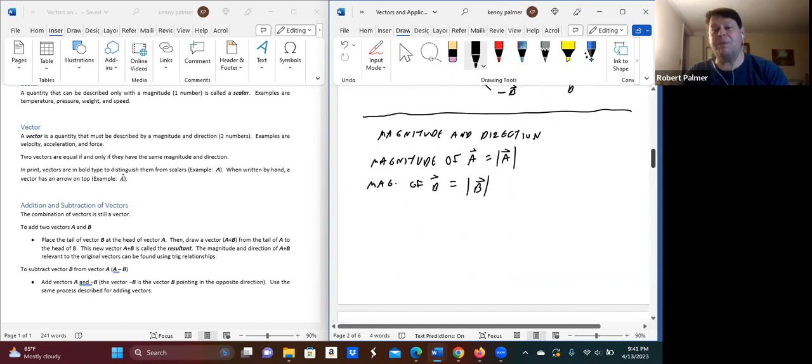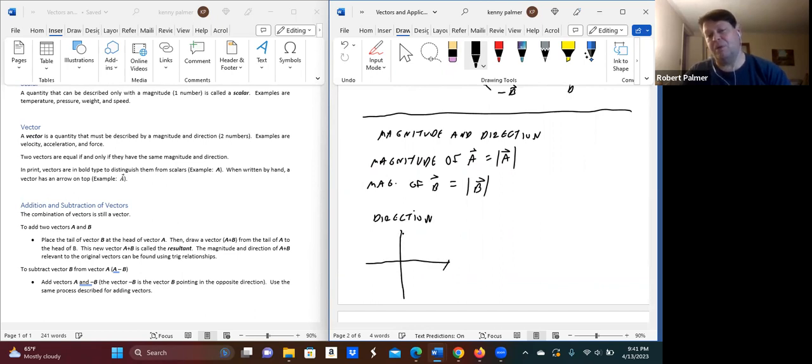Now, we're talking about the direction. We can do that a couple of different ways. For example, if I have a coordinate system here, where this is X and Y, then my direction could be, for example, this is my vector A. The angle theta is my direction. And that could be from, for example, the positive x-axis, or it could be some other axis.